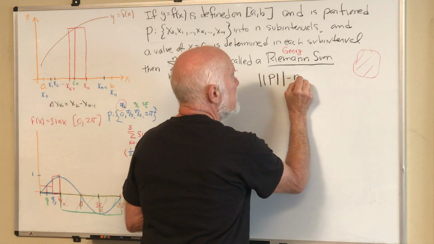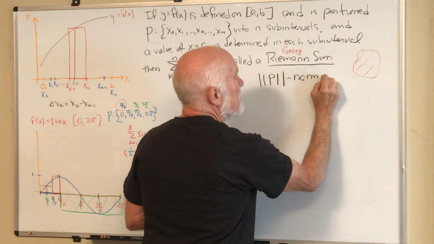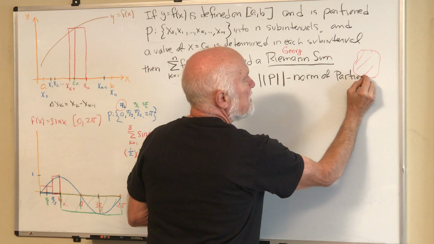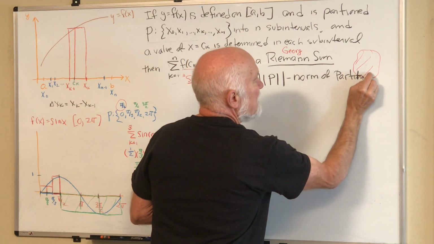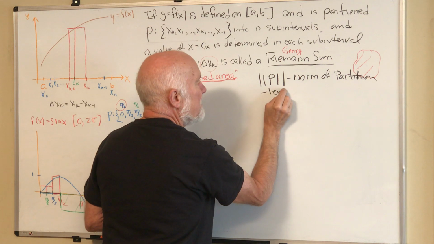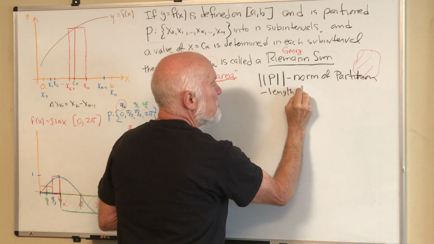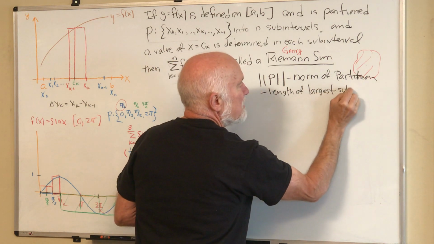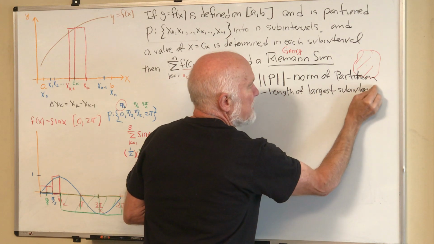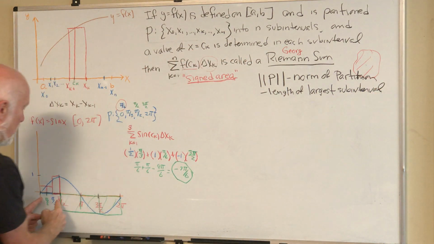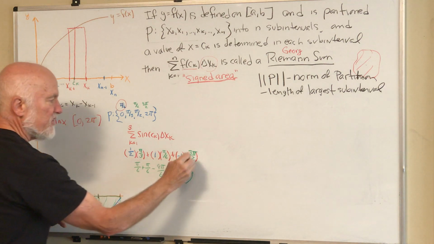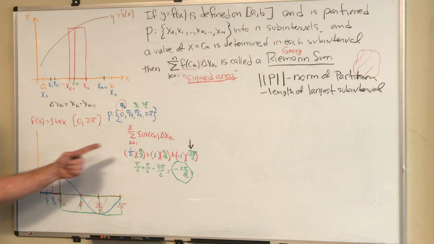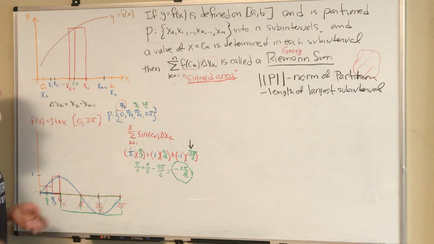This is the norm of the partition, and the norm is the length of the largest subinterval. So it's really pretty easy to see from here: what's the largest of these three subintervals? Well, obviously 3 pi over 2 is the largest. So that would be the norm of this particular partition.